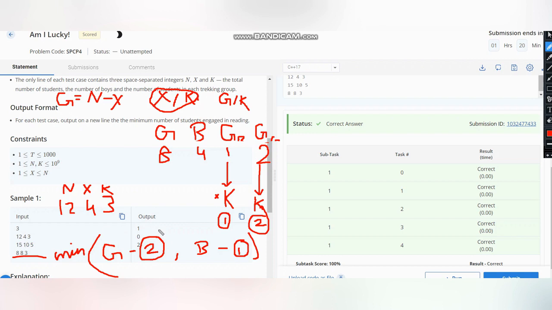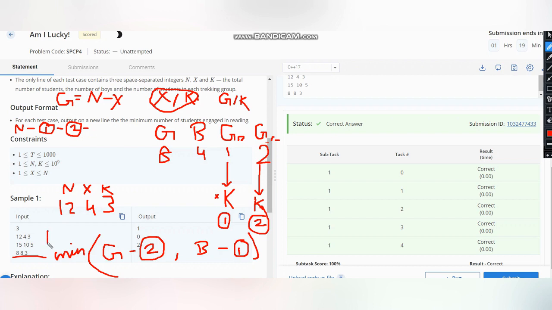After this, when we calculate the pairs, finally we will calculate the number of students engaged in reading, which would be simply N minus the number of people in groups, and minus the number of students in pairs.